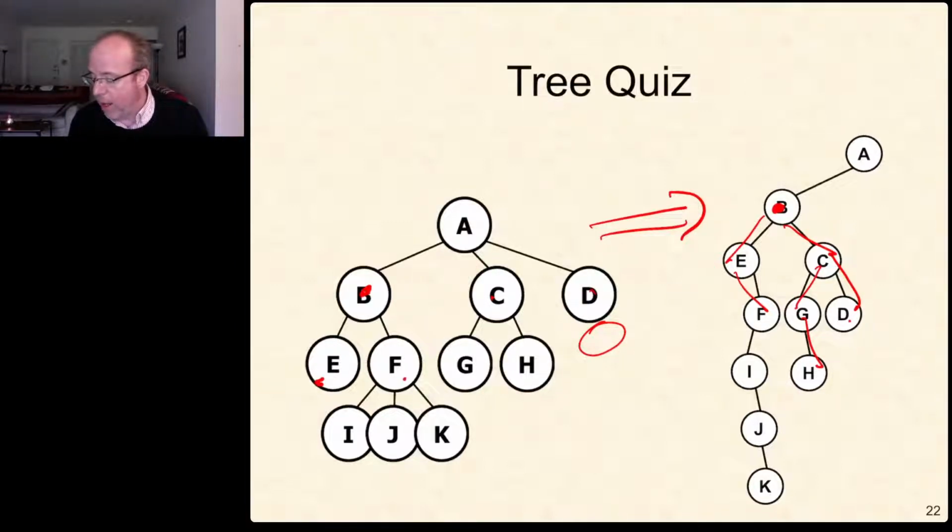Recurse on F, F's leftmost child is I. J and K are its siblings. G is a leaf, H is a leaf. I, J, K are leaves, we're done. So it's a simple recursive algorithm that, given any tree, can generate a tree that's guaranteed to be a binary tree.